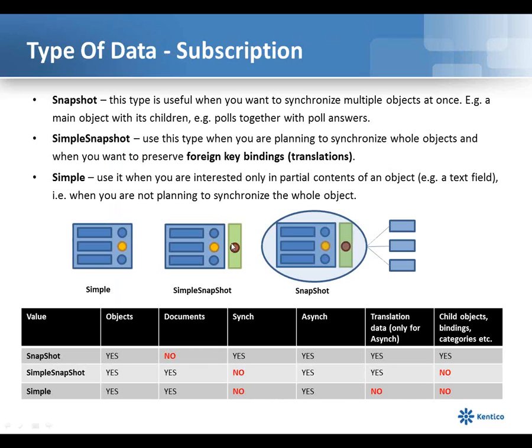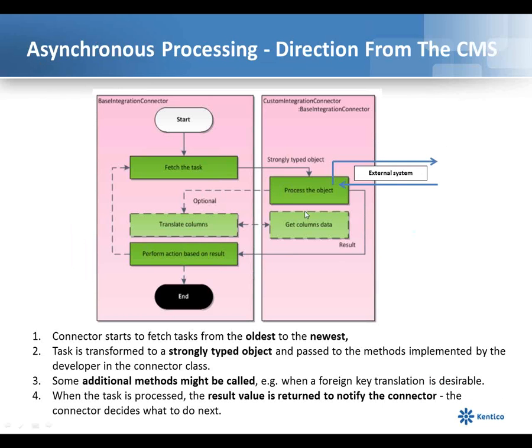So if you subscribe to this object or this object, you can translate those foreign keys if needed. So you call a specific method for that, but that is optional. So from this method, you will contact the external system. You will, let's just say, receive a response from the external system, and then you will return a result of the whole processing of your object.